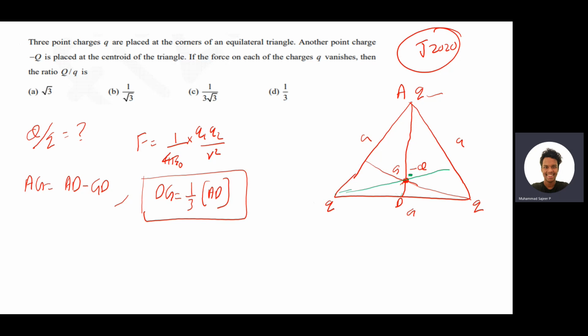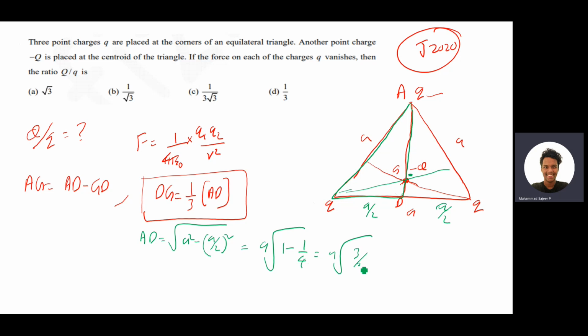So we know what AD is, because it is a triangle and you can use the Pythagoras theorem. AD will be root of a square minus a by 2 whole square, because this is a by 2, this is a by 2, and this is a. We take a outside, we get 1 minus 1 by 4, which becomes root of 3 by 4.